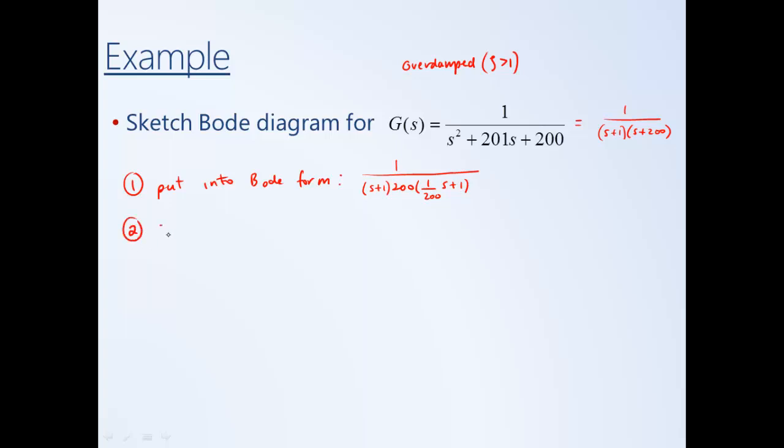The second step is to sketch the Bode diagrams of the components. In this case we have a simple gain, which is 1 over 200 if we factor it out front, and then we have two simple poles: one pole at -1 and a pole at -200.